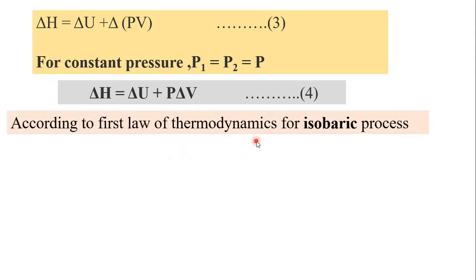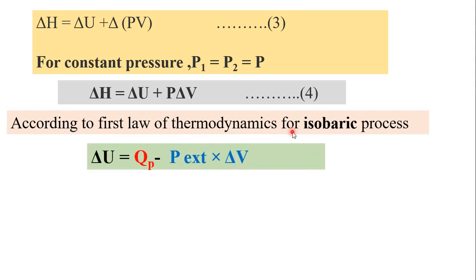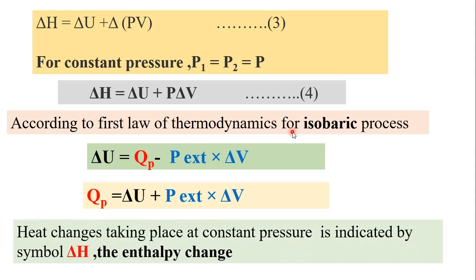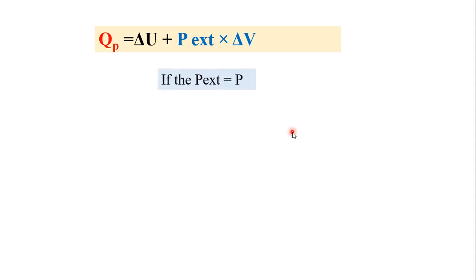So according to the first law of thermodynamics for an isobaric process, delta U is equal to QP minus P external into delta V, and rearranging that equation, QP is equal to delta U plus P delta V. That means the heat change at constant pressure is indicated by delta H, the enthalpy change, and here QP is equal to delta U plus P external into delta V.